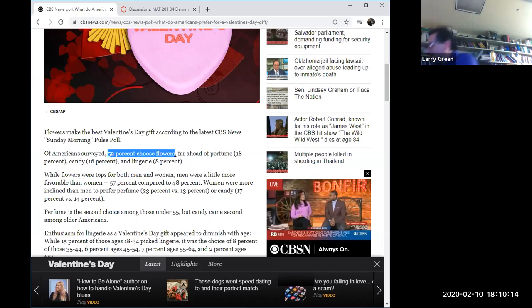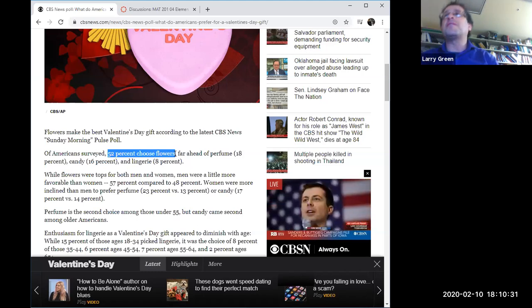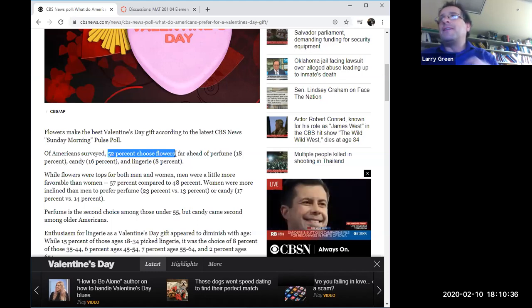And while you're doing that, I'm going to write some things down. We have n equals 1,008. We had our p hat was 0.52. That's the main thing we need. So do you remember what we did last week that helped us decide how different the sample proportion is likely to be from the population proportion?